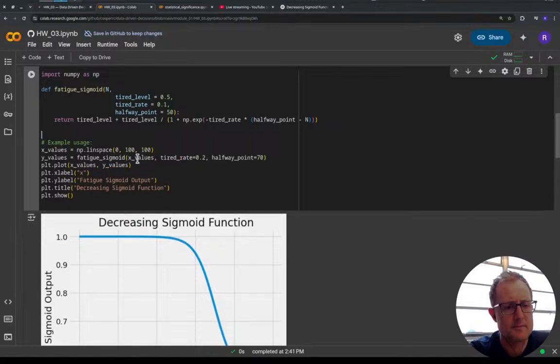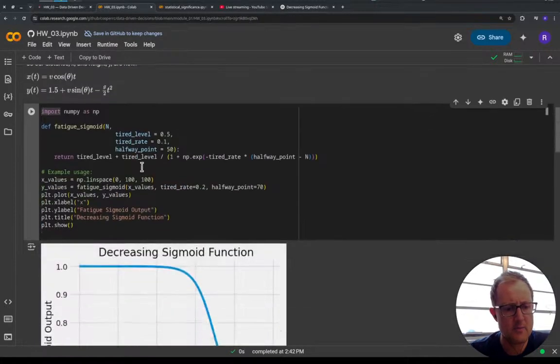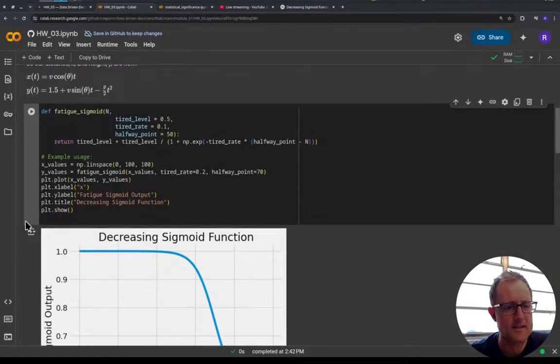I already imported matplotlib. I imported this stuff, right? So all I need is that sigmoid. So Pat fatigue, better player, more not fatigue. What's the opposite of fatigue? More not fatigue. I'll think of it later. Versus, and then we want to do this.